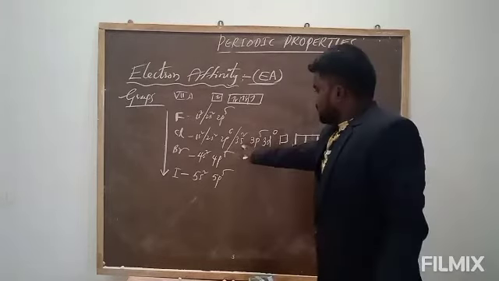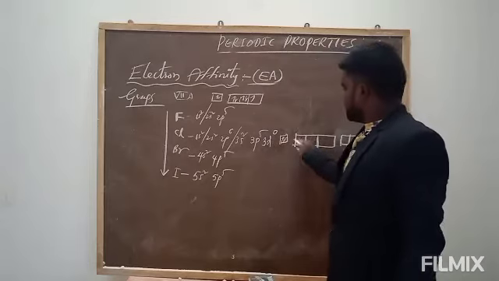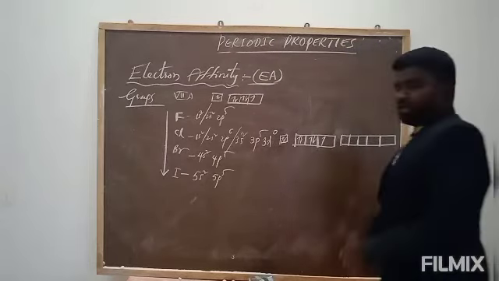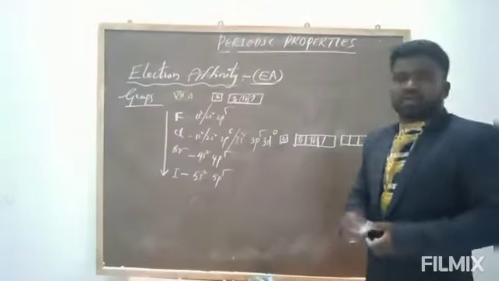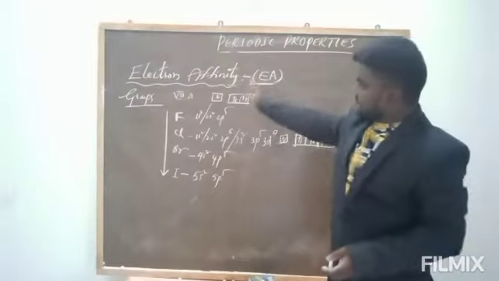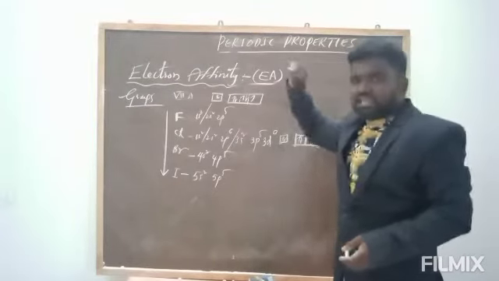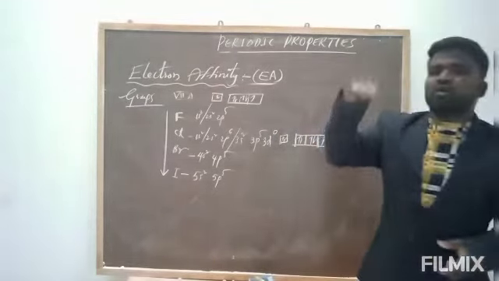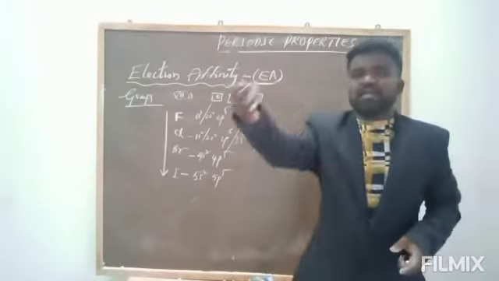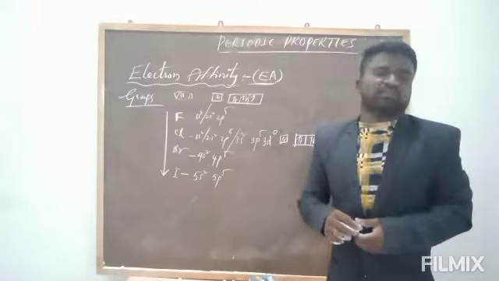Now chlorine 3s2 3p5, 1 2 3 4 5. Here the condition: the element having the highest electron affinity should have more space in the orbitals as well as the highest electronegativity.